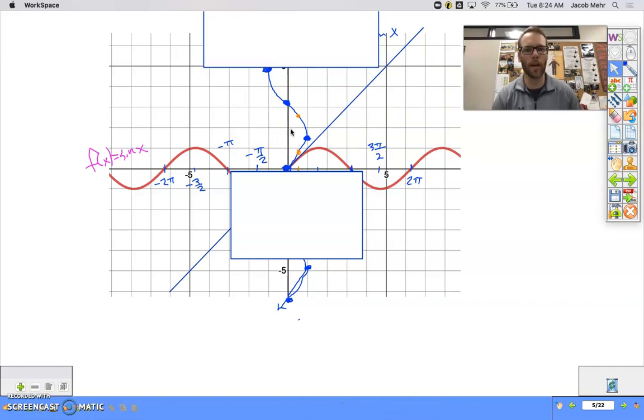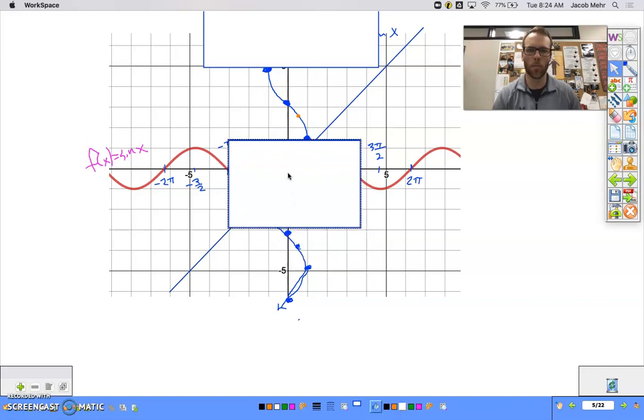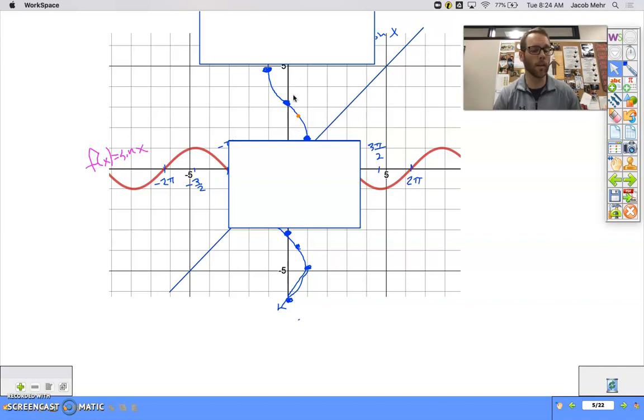It fails the vertical line test, doesn't it? Where could I start this and where could I stop it? Well, if I put it there and there, now this little section right there passes the vertical line test, but that's also starting above the x-axis.